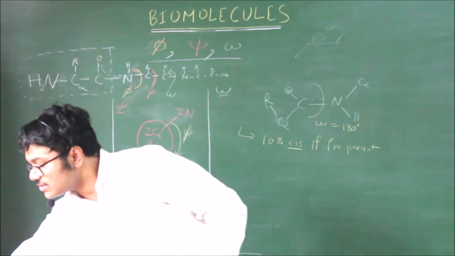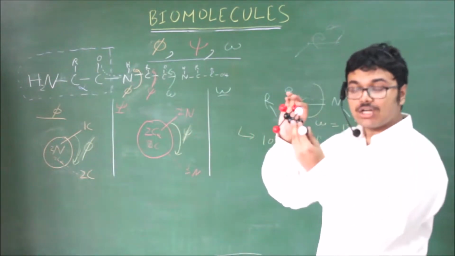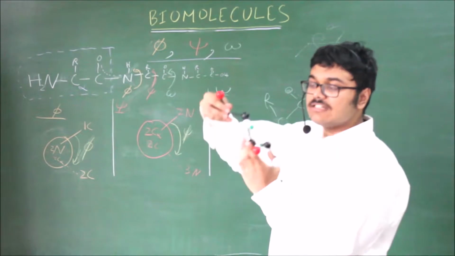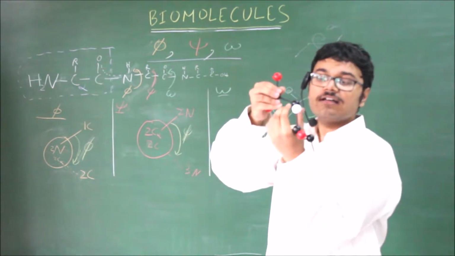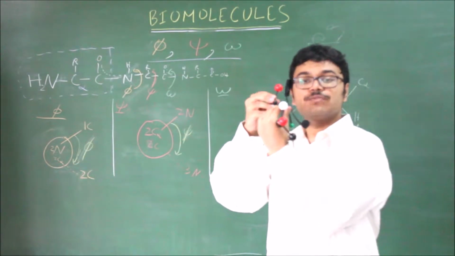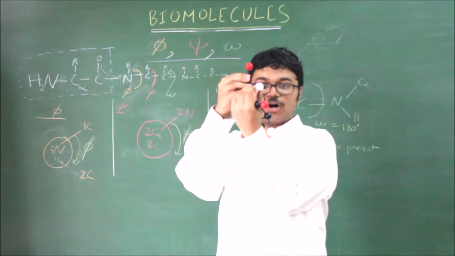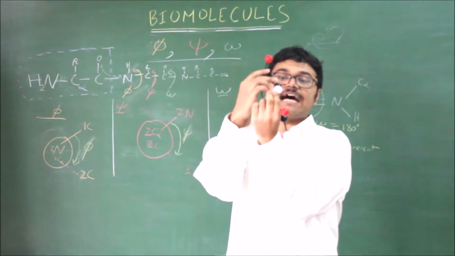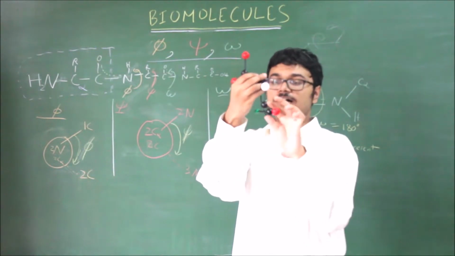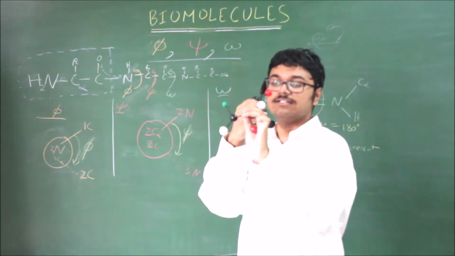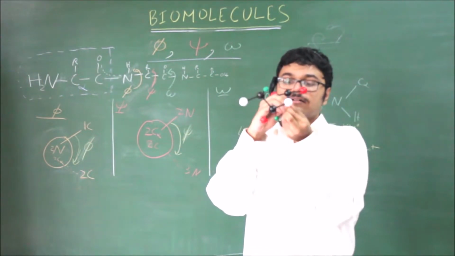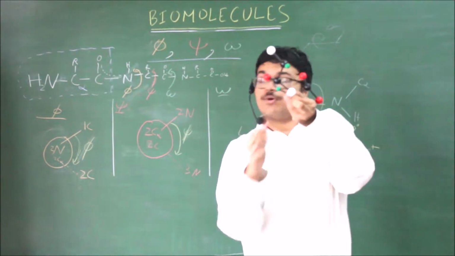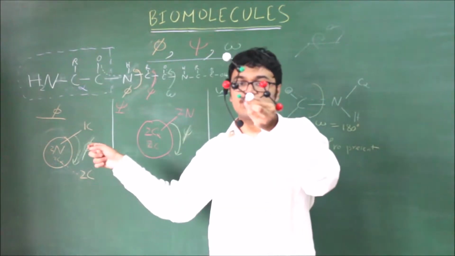Let's see if we can see this in terms of a model. This is the bond we're interested in. This is the nitrogen over here, and then the C alpha carbon over here. This will be the bond to 1C, which is shown up here.